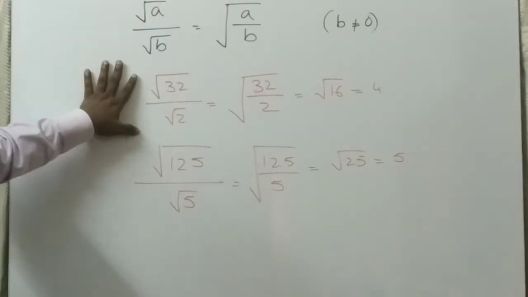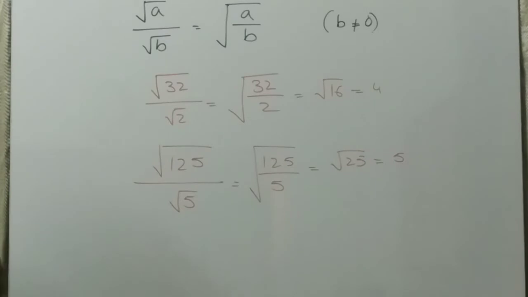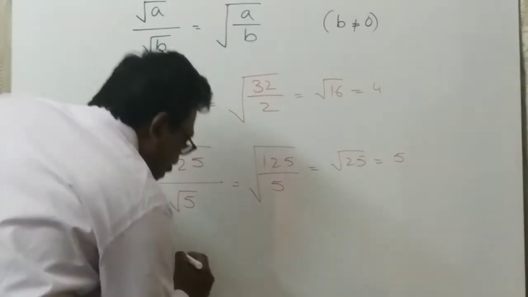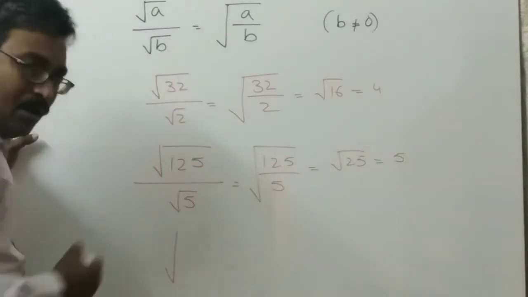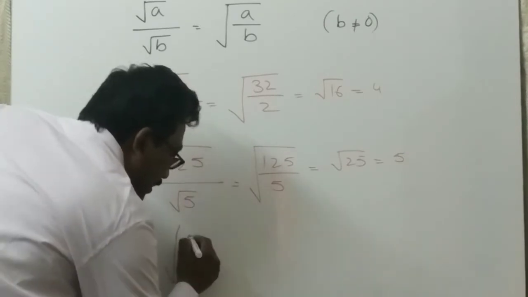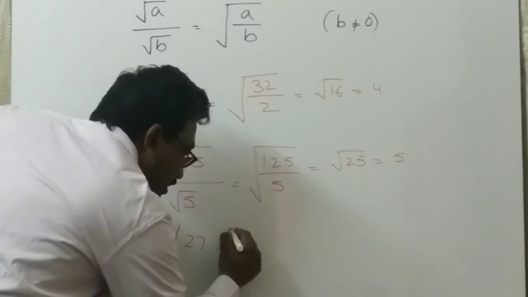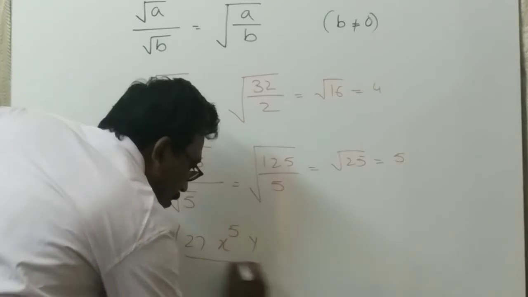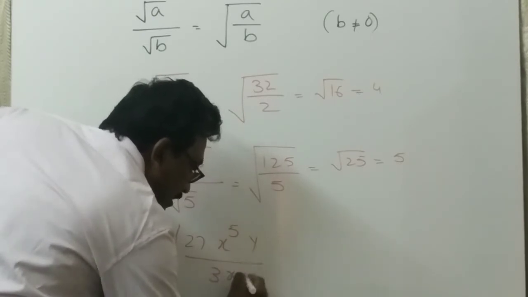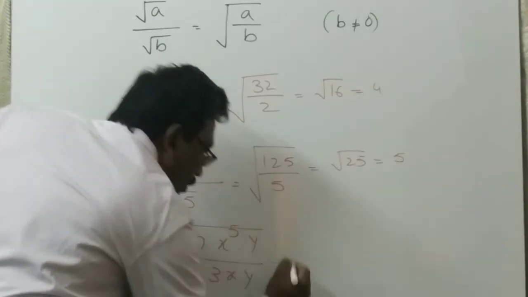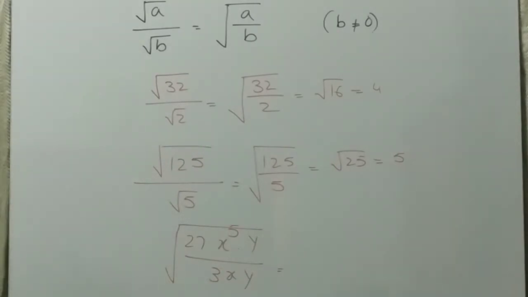We can go with variables also. One variable example: 27 x power 5 y by 3 x y.